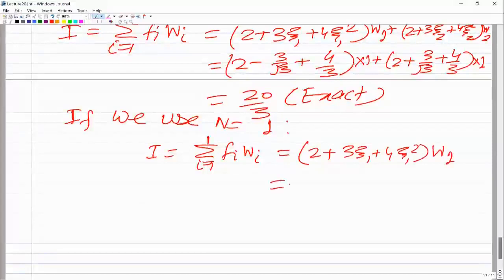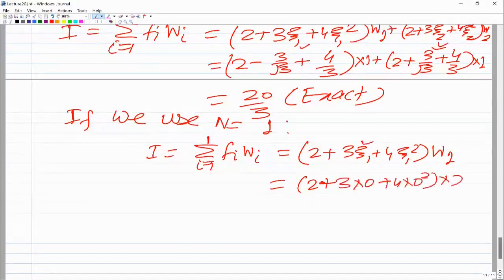Now, this xi1 and xi2 were for 2-point integration. This xi1 is for 1-point integration. So xi1 is 0. So 2 plus 3 into 0 plus 4 into 0 square, into 2. So the answer would be actually 4, whereas the actual answer is 20 by 3. So this is under integrated.